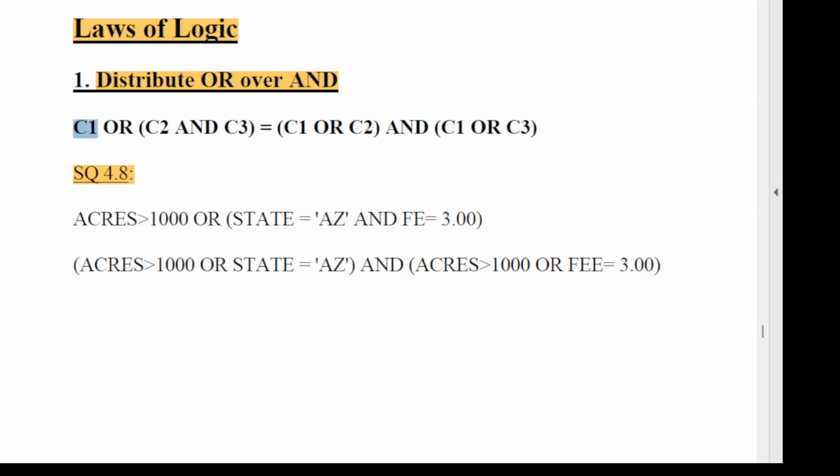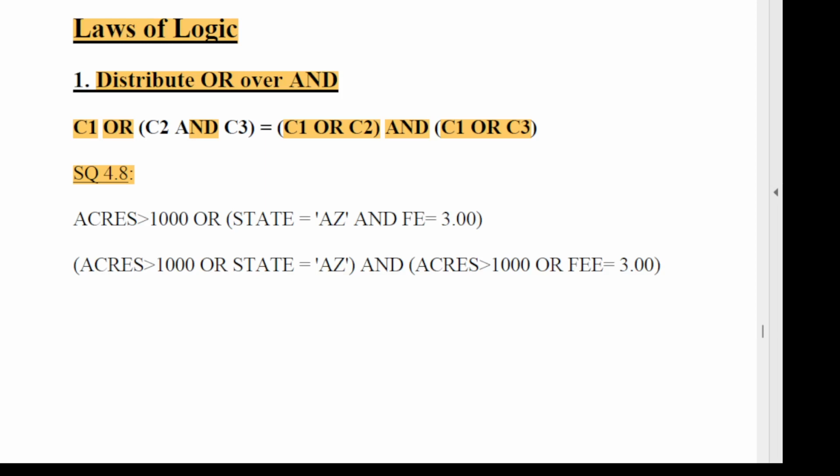If I've got C1, condition 1, or some compound condition, I can take the C1 with the OR, and bundle them together. Then I can take the C1 OR and bundle it with C3. And I take this and I put it between the two here. We have distributed the OR over the AND the same way we distributed multiplication over addition in freshman year algebra.